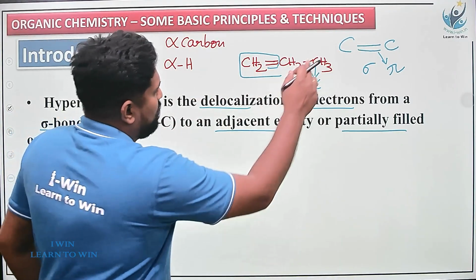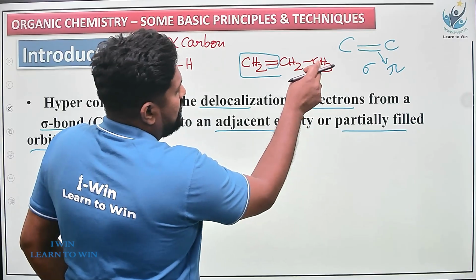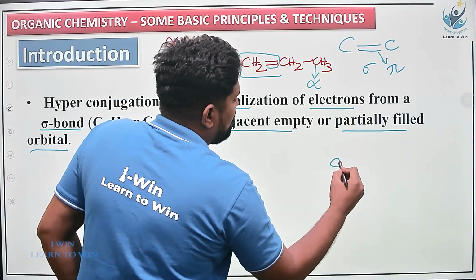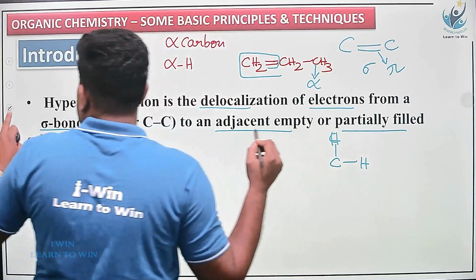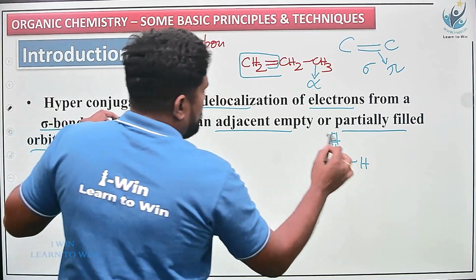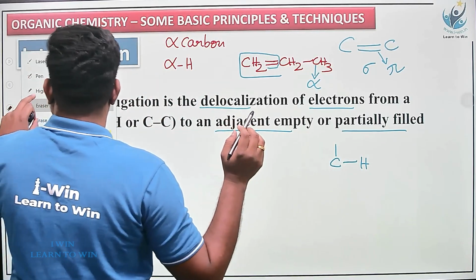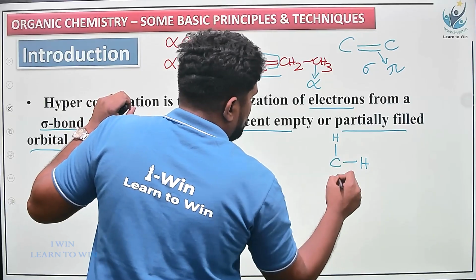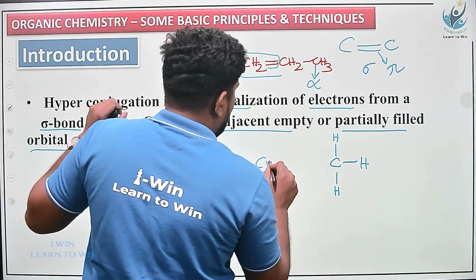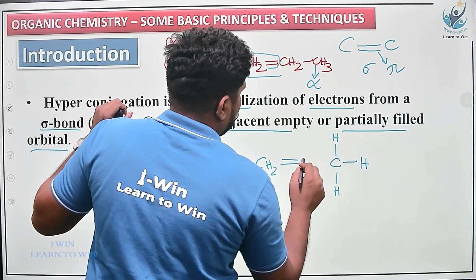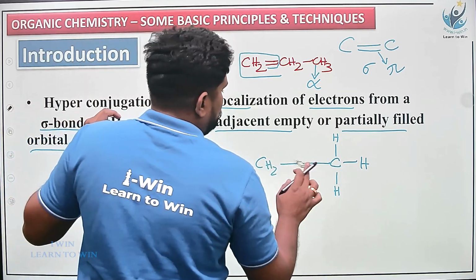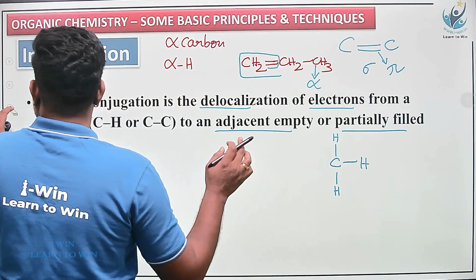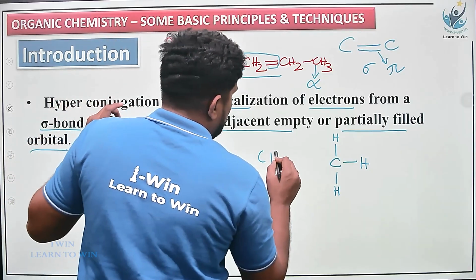Now, if you look at this particular CH3, how will it be, my dear student? It will be in the form like this, in a structural way. So it will be CH3, and as usual CH2 double bond CH2.